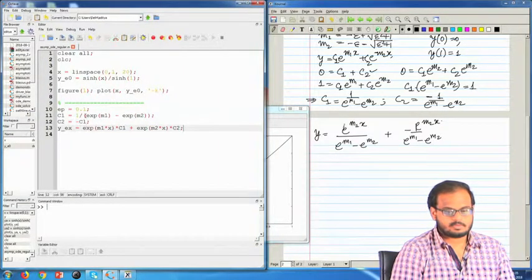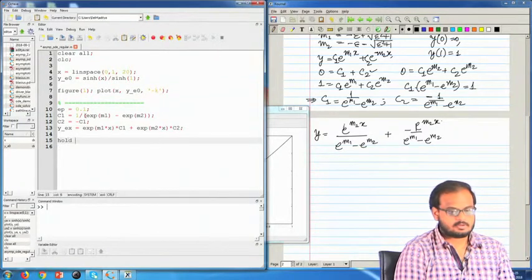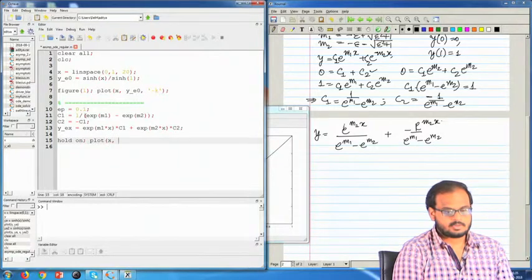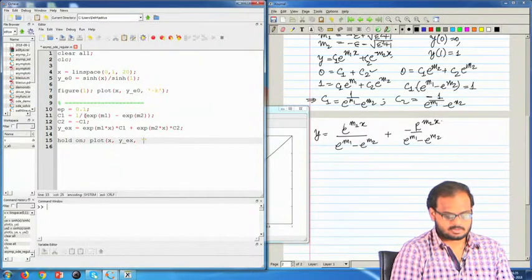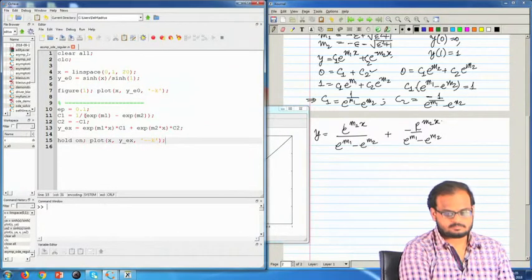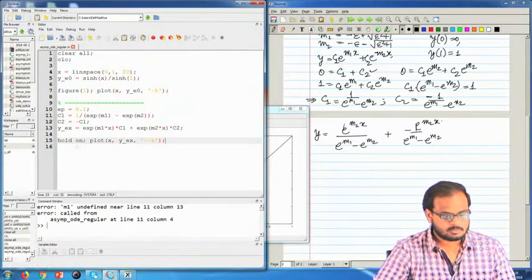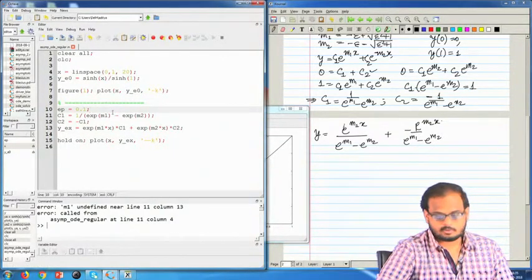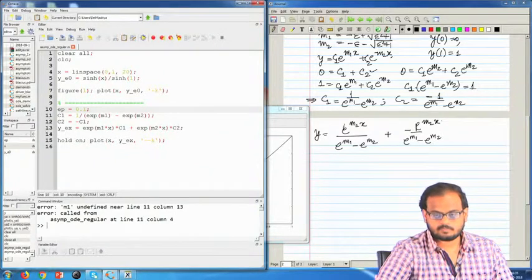Okay. So after defining this, we say hold on, because we want to plot the figure on the same plot, x comma y exact, and let's denote it by a dashed line. Okay, so we forgot to define what m1 and m2 are.